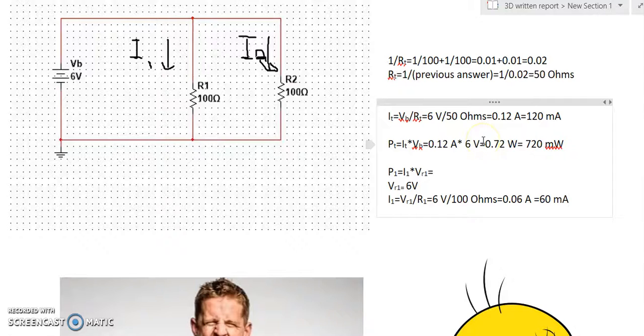All right, so now I've got my current, I've got my voltage, I can do P1. So this is 0.06 times 6, which is going to come out to 0.36 watts or 360 milliwatts.